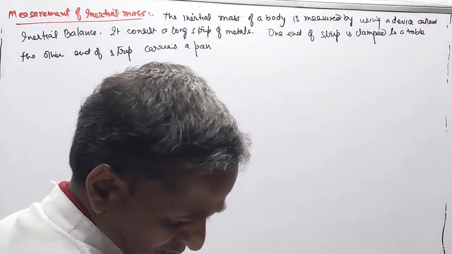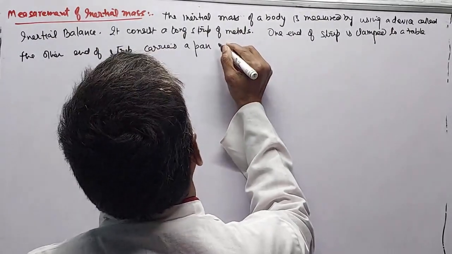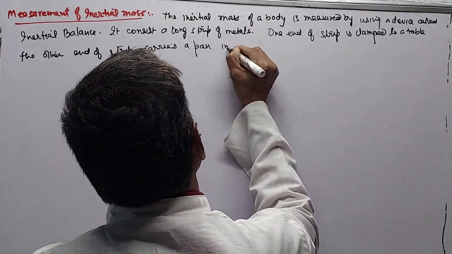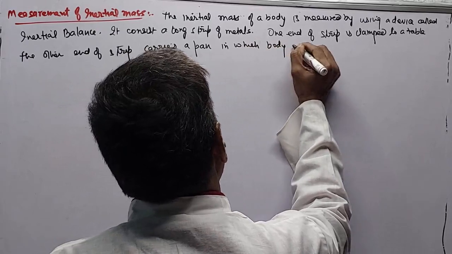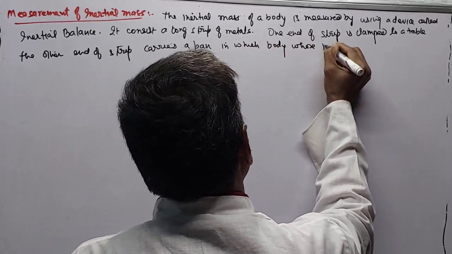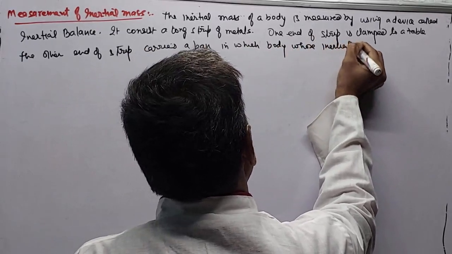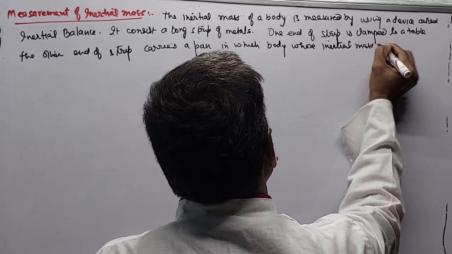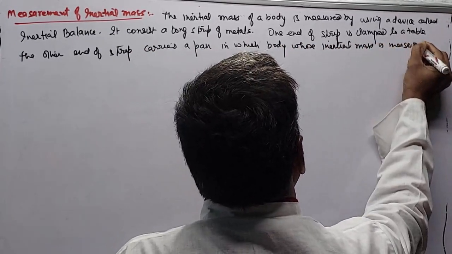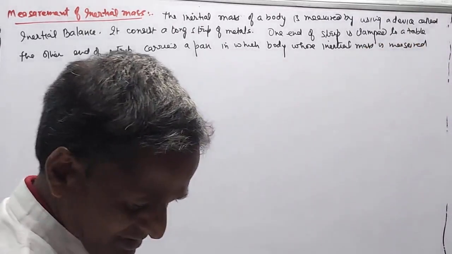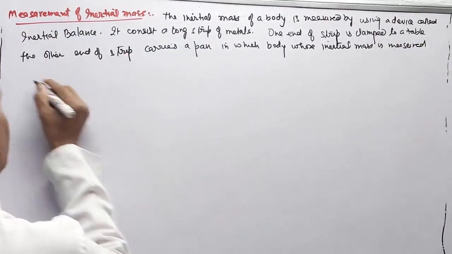in which the body whose inertial mass is to be measured is kept.